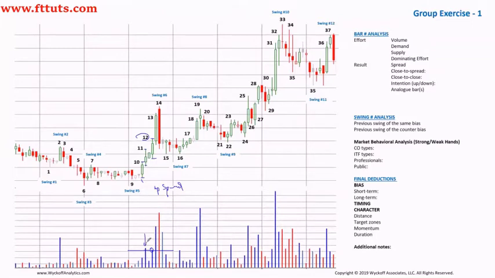So this signature right here, bar number 11, has the volume equation as increasing volume with the increasing demand and with some supply that is emerging. This emergence of the supply suggests, by the way, again, we're talking about this resistance right here, this selling by institutions.